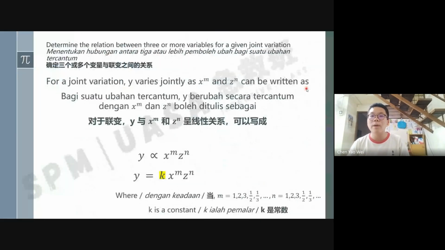So when you want to represent that, y varies directly as x and z. If the keywords are like this, we just put beside the x, z, y, and then the proportional sign, x, and another one, just put it beside, because it is for joint variation, for direct variation.